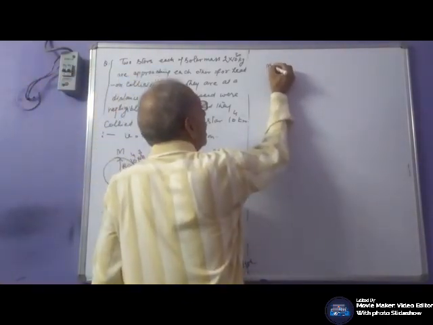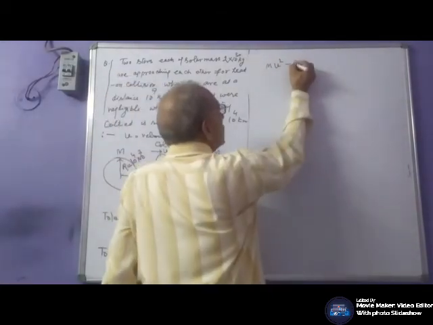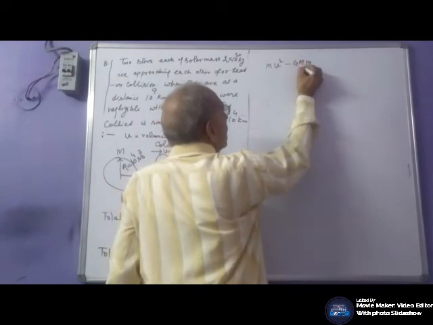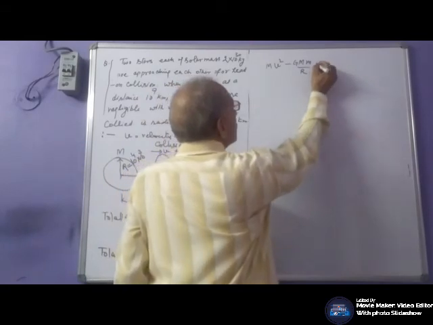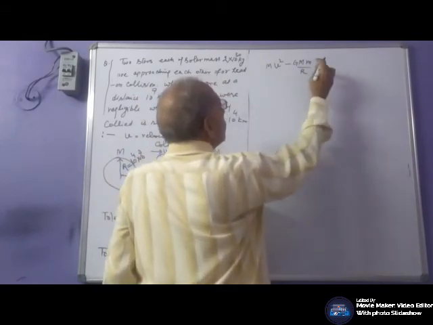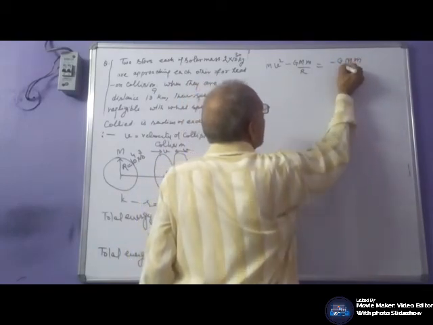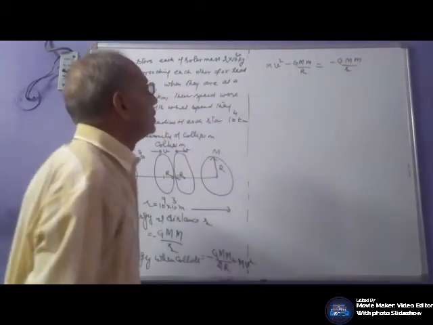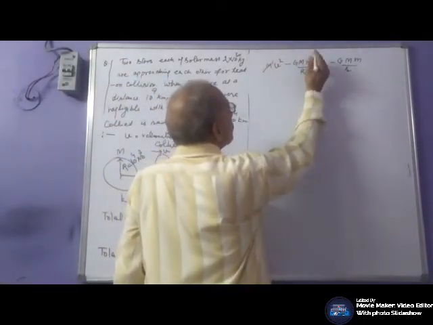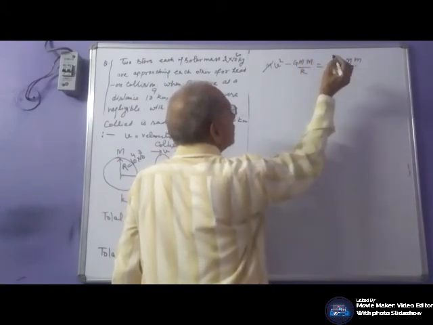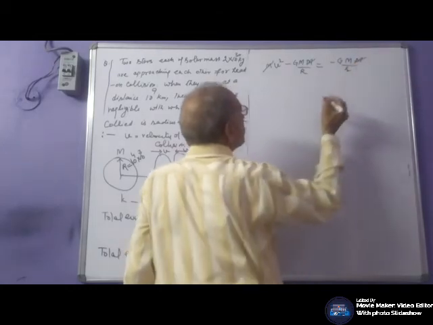So half m v square minus G M by r is equal to minus G M by R. This M, capital M, was there, and this was also capital M, no small m.